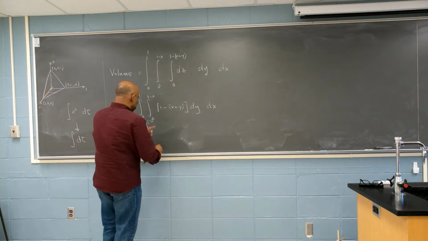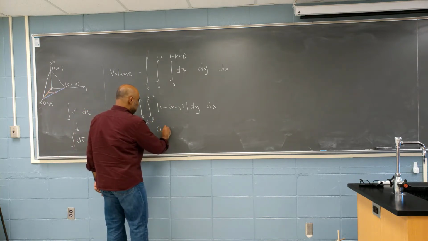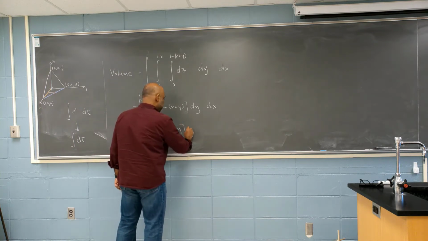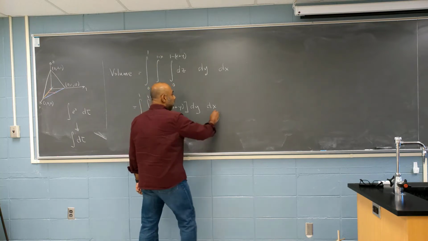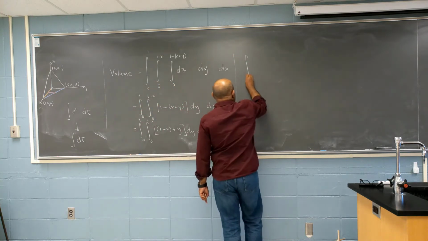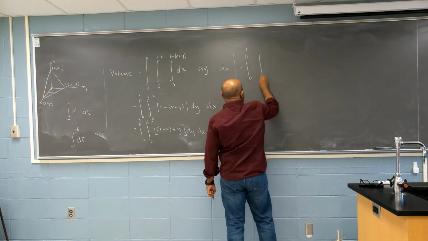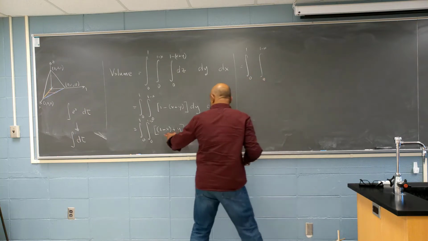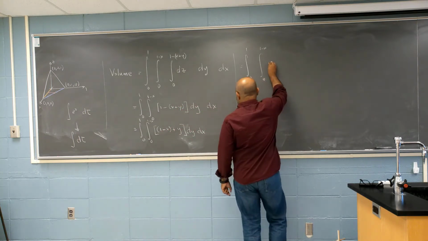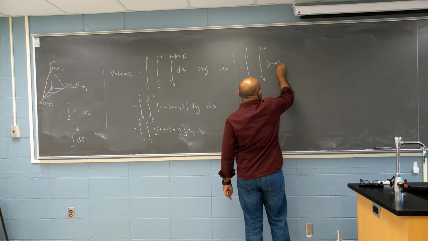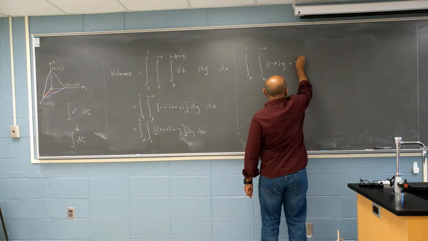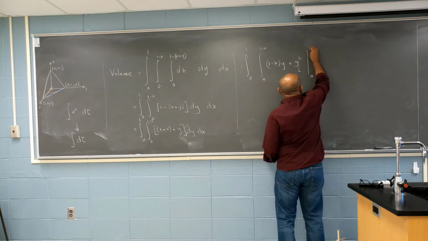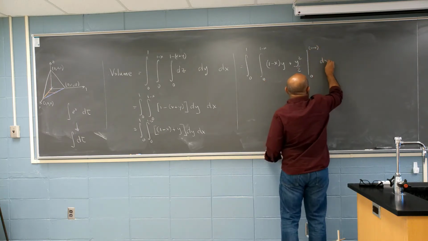I'm going to write this as the integral from 0 to 1 of the integral from 0 to 1 minus x of 1 minus x plus y dy dx. I integrate y. I would get 1 minus x, which is a constant, times y, plus y squared over 2. And then I put in the limits y equals 0 and 1 minus x.